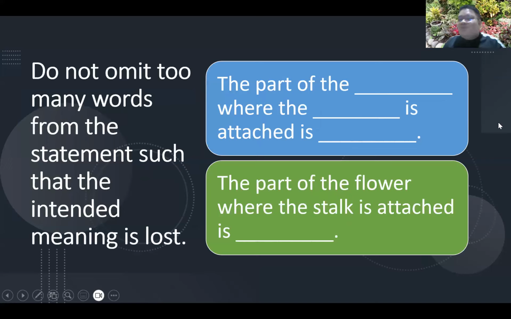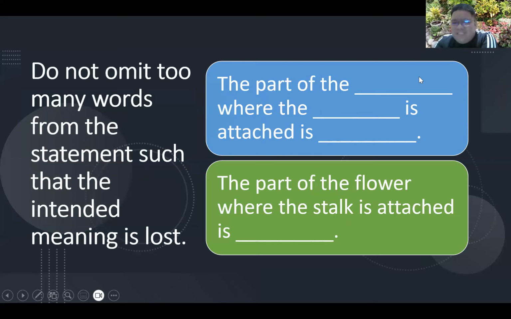Second, do not omit too many words from the statement such that the intended meaning is already lost, or in such a way that your student will not be able to identify already what are you asking for. Okay? Now look at this one. The part of the blank where the blank is attached is blank. So kapag ikaw yung student, ano yung tanong?